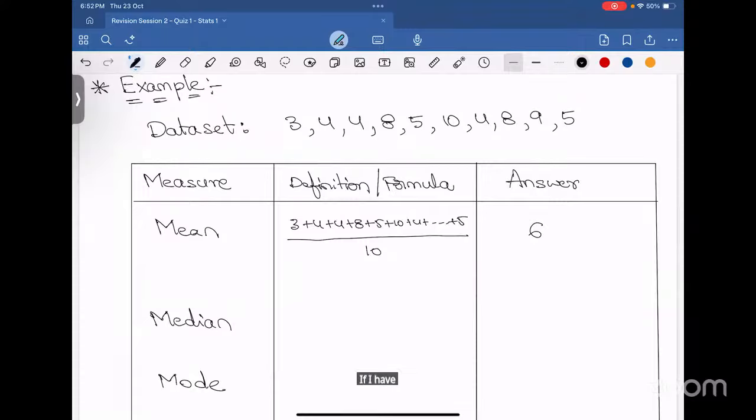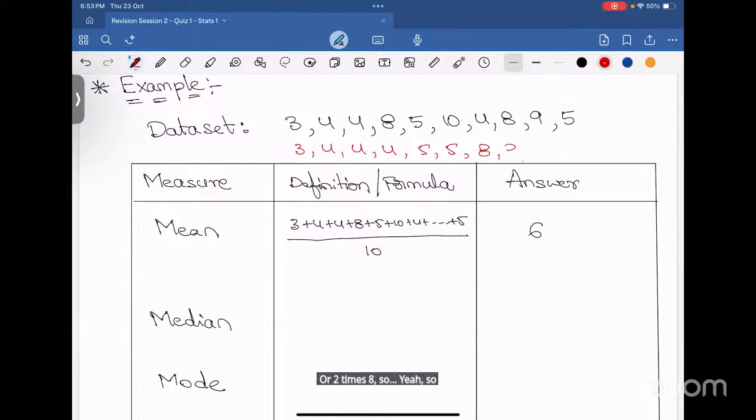If I have to compute the median of this data set, I will order it in ascending order: 3, 4, 4, 4, 5, 5, 8, 8, 9, and 10. There is one more 8, two times 8.